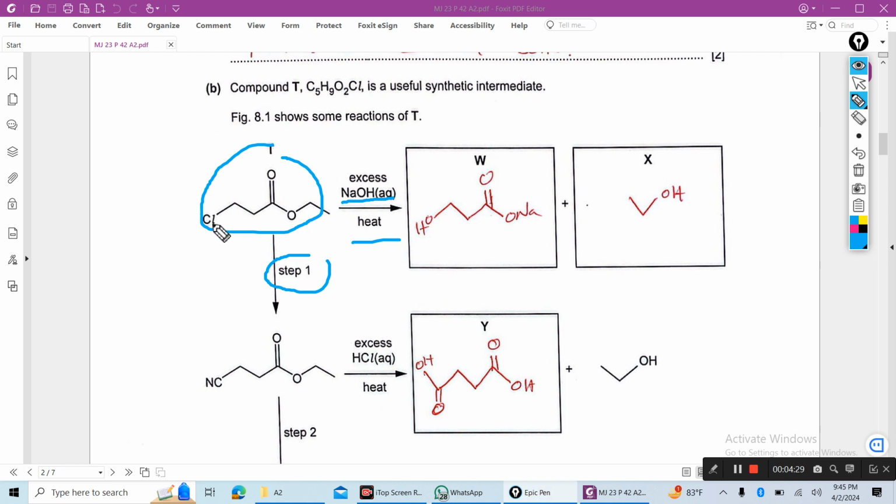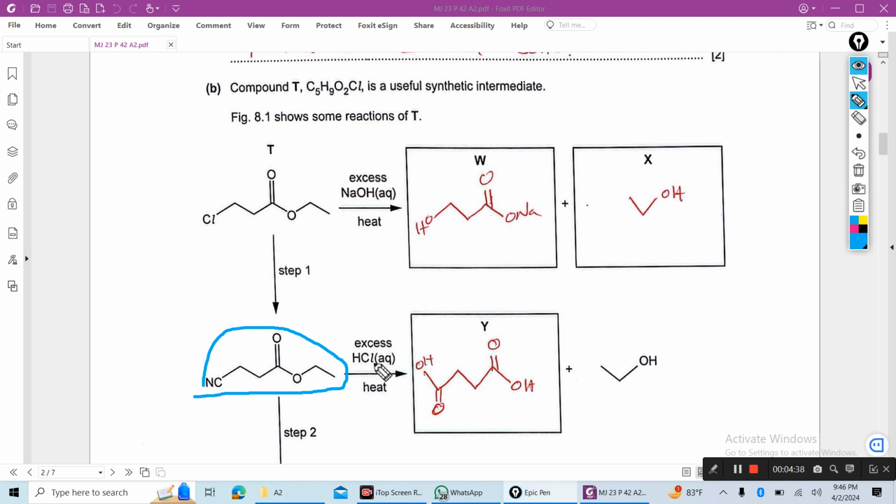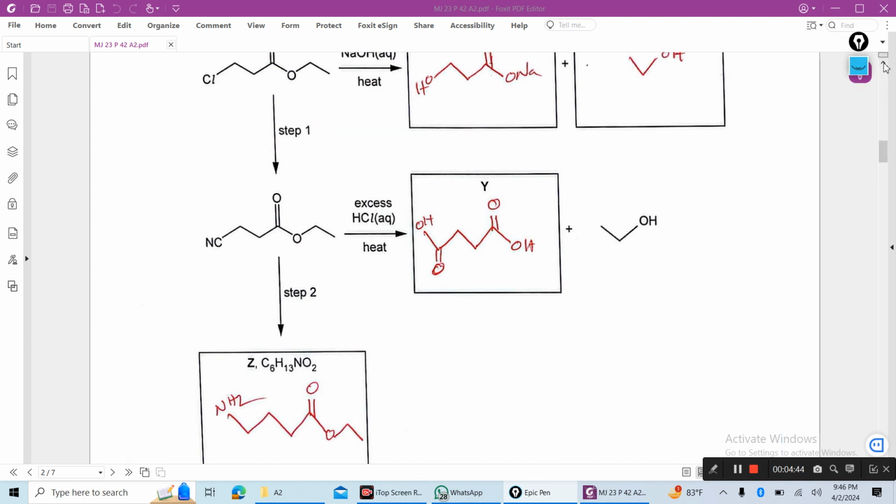Cl is converted to CN, a cyanide compound, and this compound reacts with excess hydrochloric acid and heat in step 2. The CN group is converted to CH2NH2.